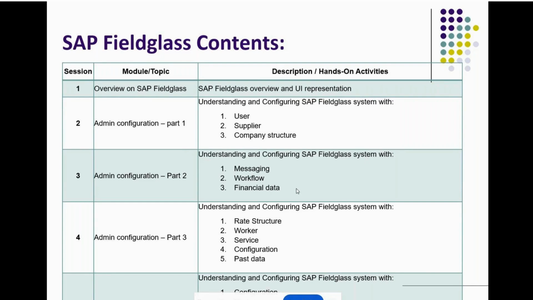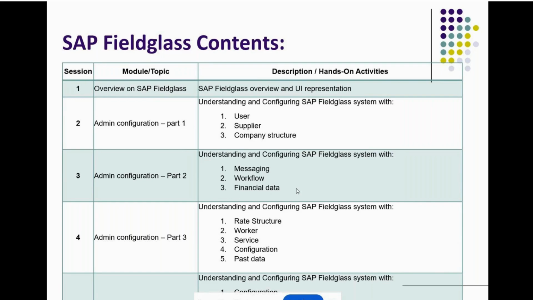Okay, got it. So is it for a consultant, or what job category is associated with this SAP Fieldglass content? SAP, as you know, is a very neat skill. You can be a consultant, you can be an integration master, you can be a configuration manager here, configuring the system in such a way that your data from SAP Fieldglass flows successfully to your FICO system, or managing your financial data.